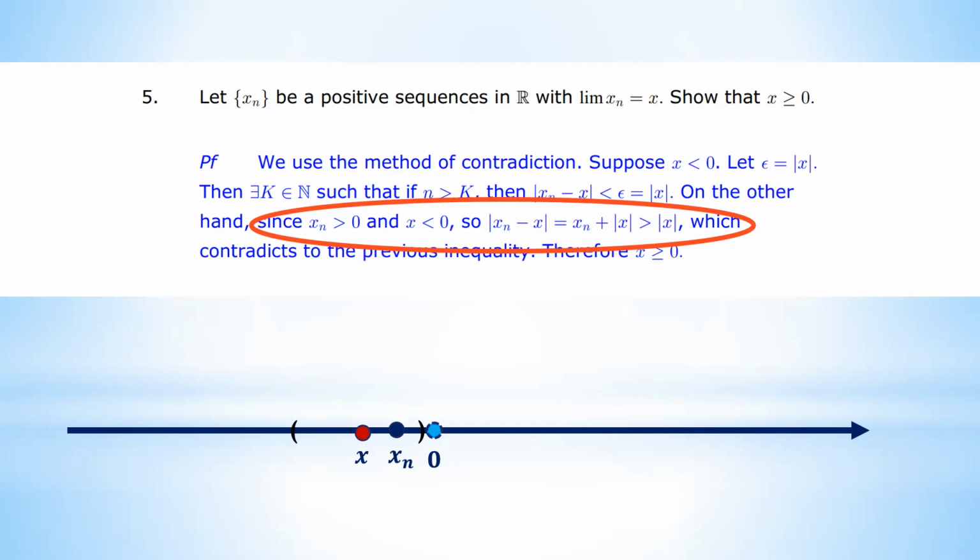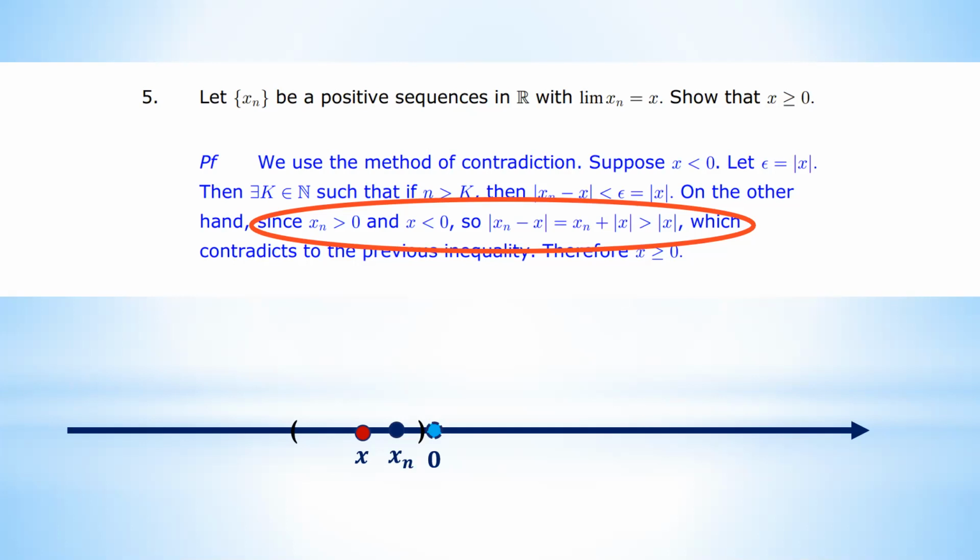So the absolute value of this number is the same as the number itself without the absolute value. This equals xn plus what? The minus x is just the absolute value of x, because x is assumed to be negative. So the difference between xn and x is equal to xn plus the absolute value of x.